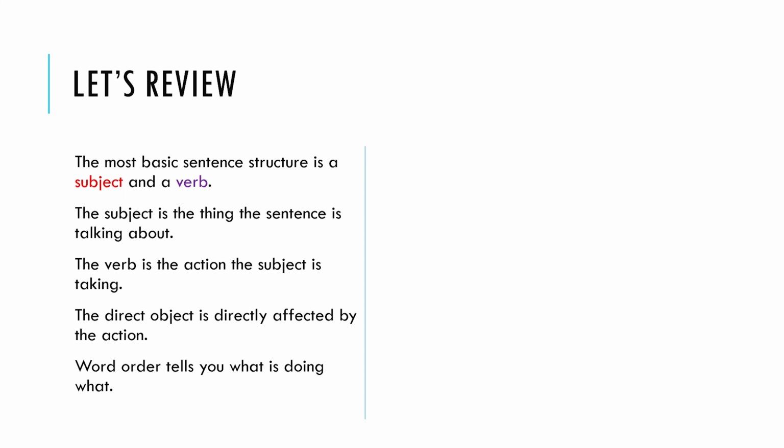But word order tells us what is doing what. Why are we talking about all this? Because that's not how it happens in Greek. And when we get into the next few lessons, you're going to see that it's very, very different. And so you want to have a basic understanding of these little points so that when we get to Greek and the following lessons, you have something to compare to and it makes sense.